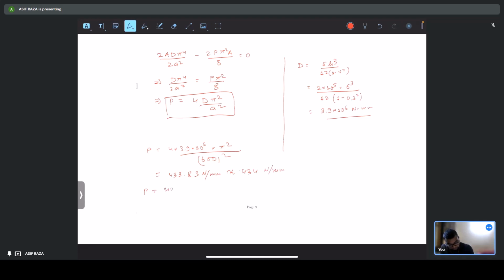Correct answer is 434 Newton per mm. I can just write 2 into 26 divided by 12 divided by 1 minus 0.3 into 0.3. I can write this as 3.95.